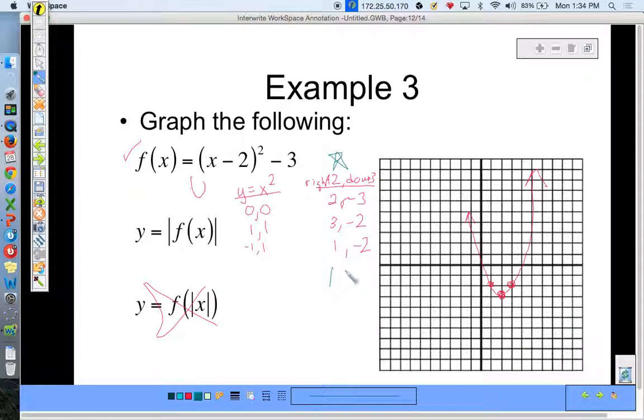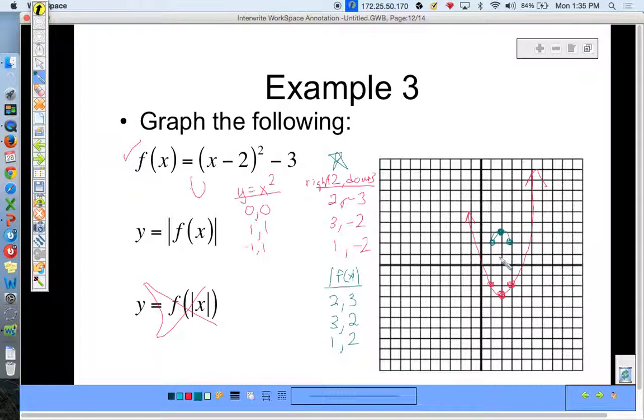So if we do that, 2, the absolute value would be 3. 3, the absolute value is 2. 1, the absolute value is 2. So it becomes 2, 3, 3, 2, and 1, 2.